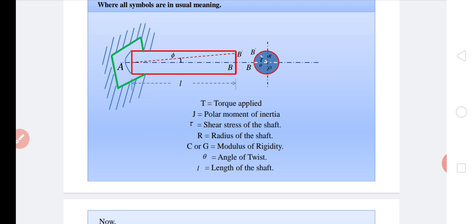As a result of this torque, every cross section of the shaft will be subjected to shear stresses. Let the line AB on the surface of the shaft be deformed after the twisting action to AB dash.